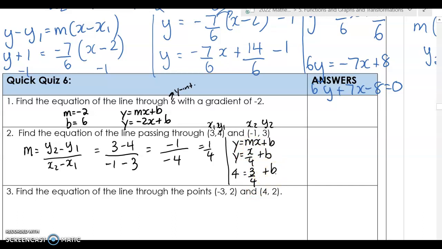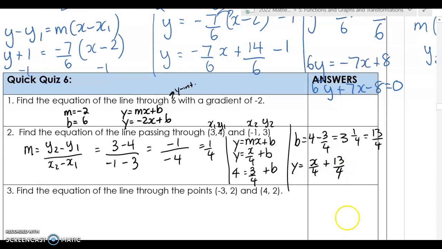Take 3/4 from both sides, and I'm going to end up with b, which is equal to 4 minus 3/4. Okay, 4 minus 3/4 is 3 1/4, which is 13 on 4. So our equation is going to be y is 1/4 x, or x over 4, plus 13 over 4 is our equation of the line there.